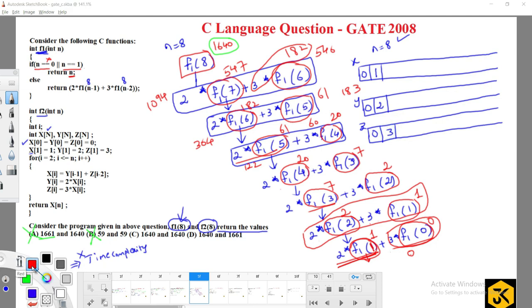I hope you understood, right? So this is index position 0, 1, 0, 1, 0, 1, and so on.